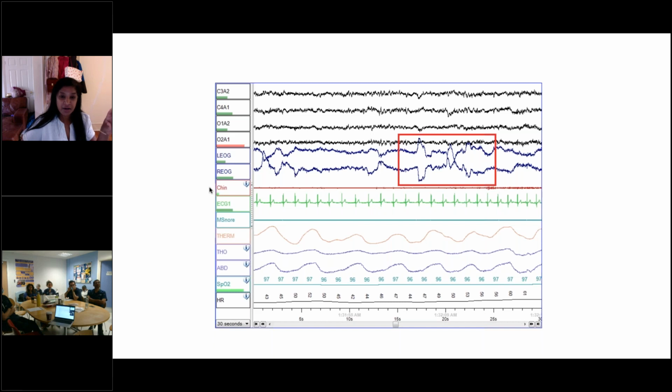The black lines are the EEG, the blue lines are the EOG, looking at eye movement, and the red line is your EMG. The rest of it is the cardiorespiratory element, and also the probes on the abdomen and the chest to look for movement. And that's a gold standard. That would be done somewhere like the Evelina Sleep Clinic when you're suspecting sleep disorders or sleep apnea.